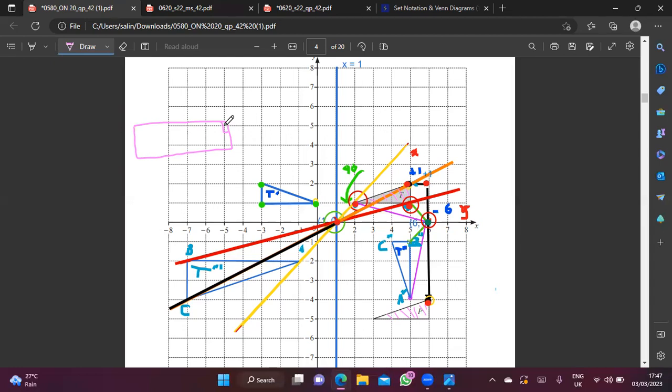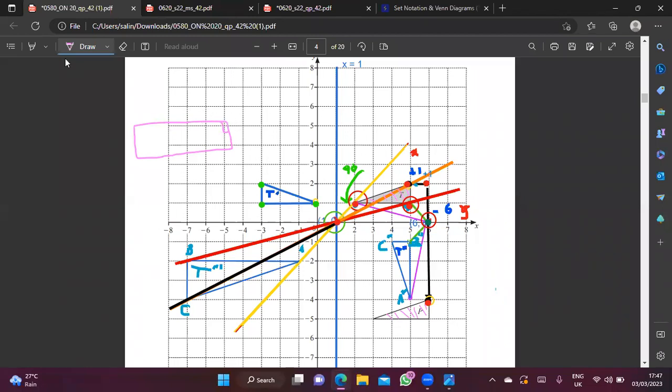So what do I do with this ruler? Bring it to my diagram. What do I need to do? Just put this edge, ruler here, to where your line is, and then with the point, and then draw.